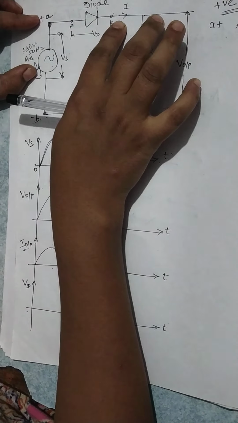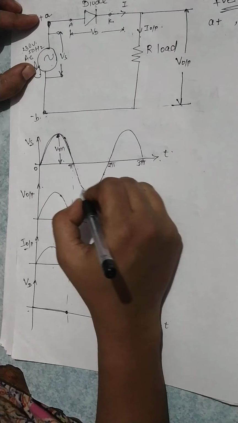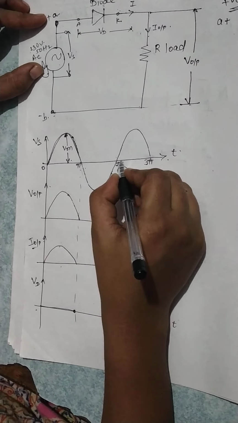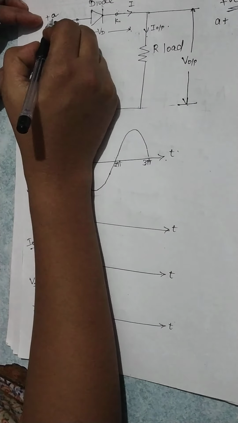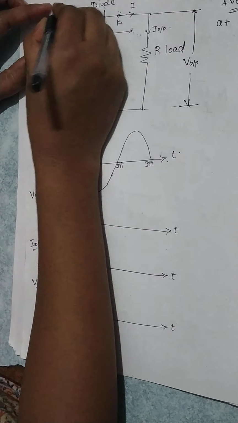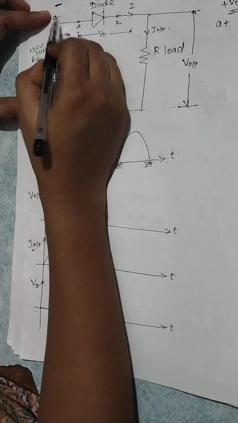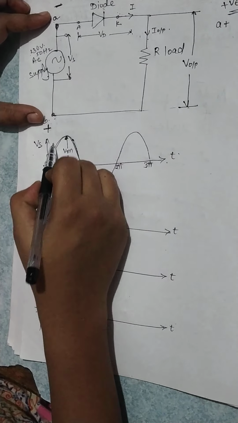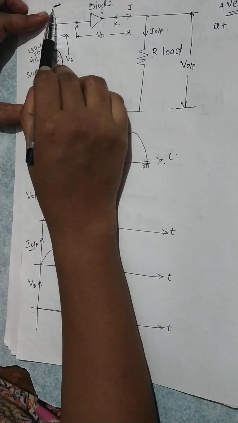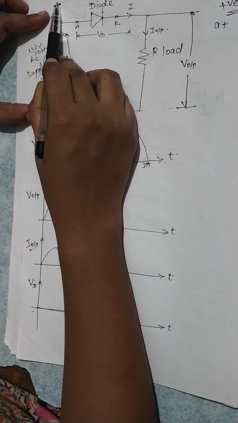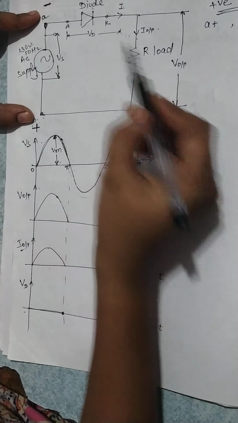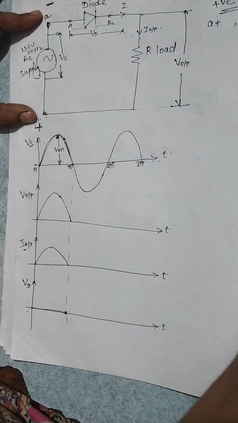Now, negative half cycle of the supply. In the negative half cycle of the supply, A is negative, B is positive. As small a is negative, small b is positive, so anode of the diode is getting lower potential and cathode of the diode is getting higher potential. So diode will work as an open switch.